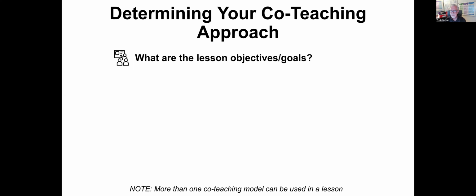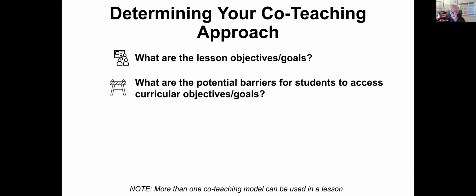Nupur, let's talk about what needs to be established when we are working with our co-teacher. How are we designing to be sure that we have set clear, rigorous goals and our lesson objectives are clear? That's really so important to begin with, right?